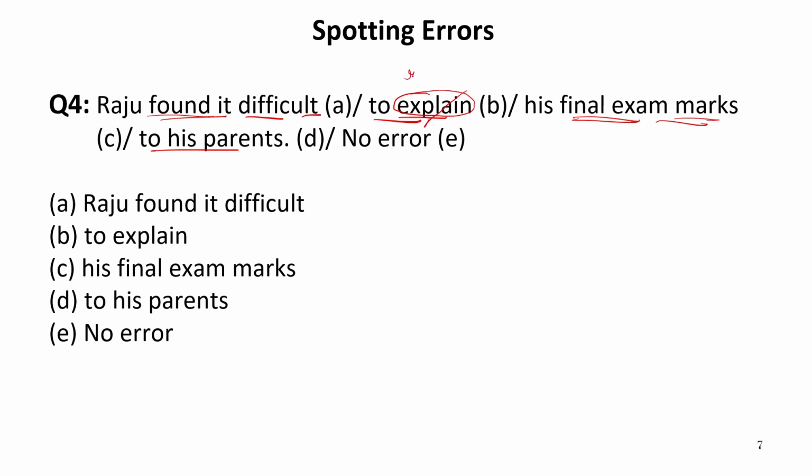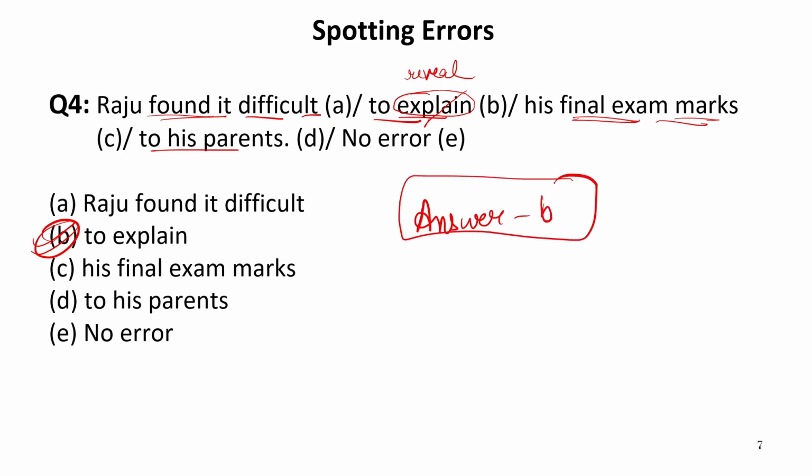This word should be replaced with reveal. Reveal means disclose. The correct verb should be reveal. Raju found it difficult to reveal his final exam marks to his parents. Therefore, the error is in part B, so our answer is B. The usage of this word is incorrect over here. Now let us move to the next one.